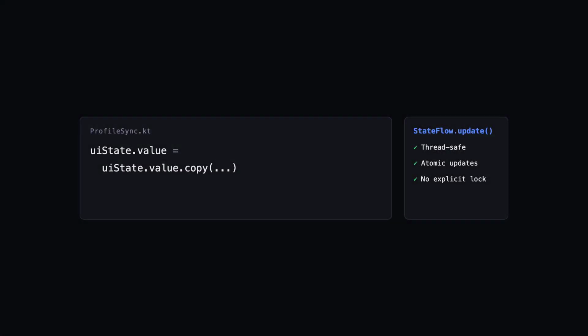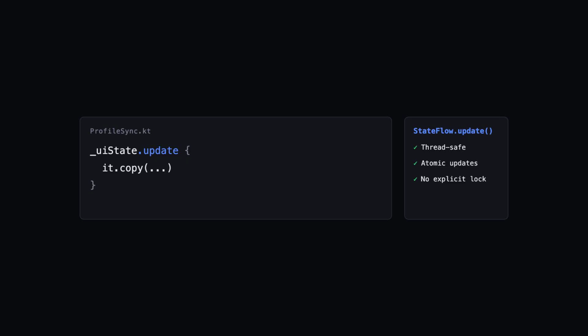Actually, no. What's fascinating here is that modern declarative frameworks often solve this middle ground for you completely. Oh, really? How so? Well, if that UI state is backed by something like StateFlow, calling StateFlow.update actually handles the concurrent mutations safely under the hood. Hold on. So by just using StateFlow.update, we're essentially getting thread-safe atomic updates for free, without ever explicitly writing a lock.